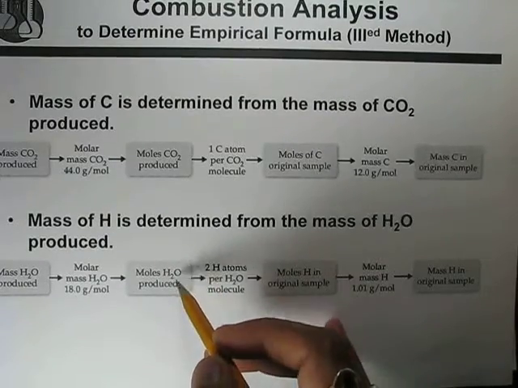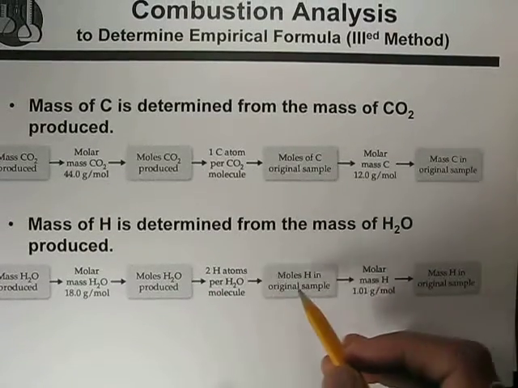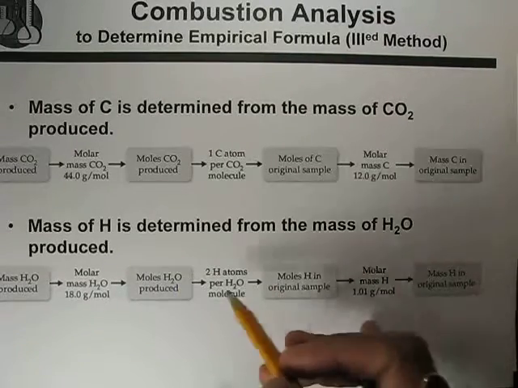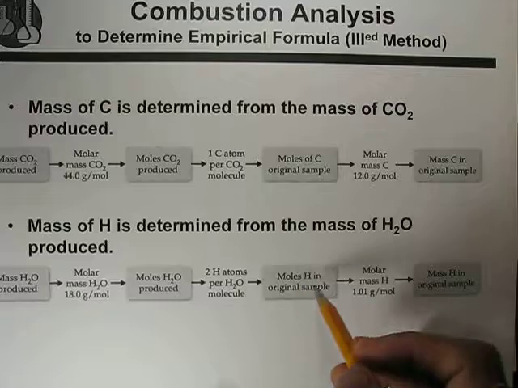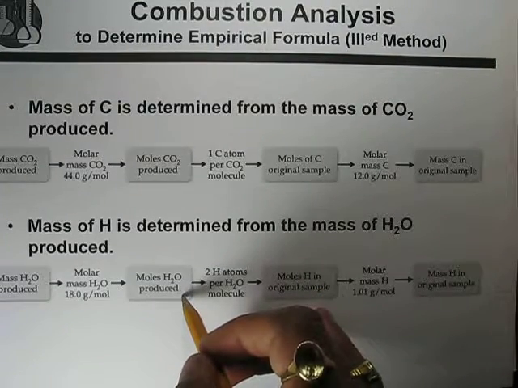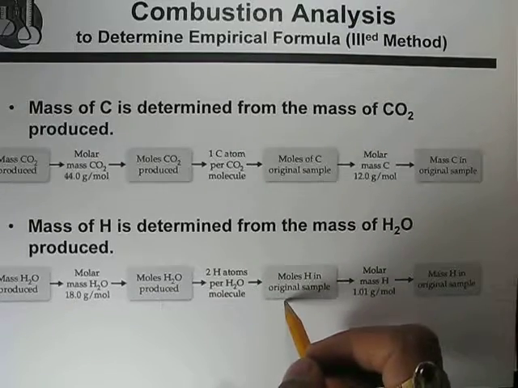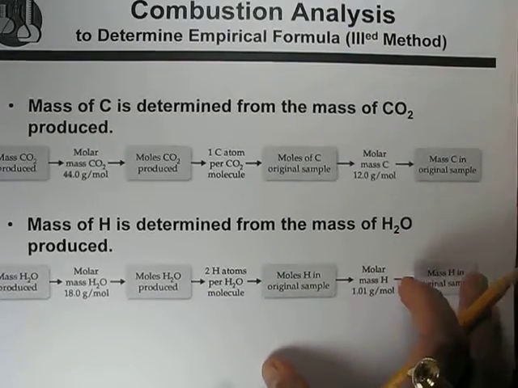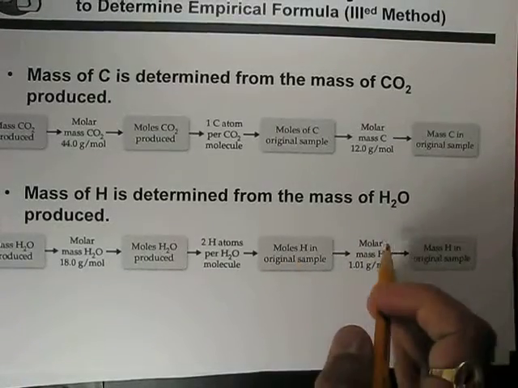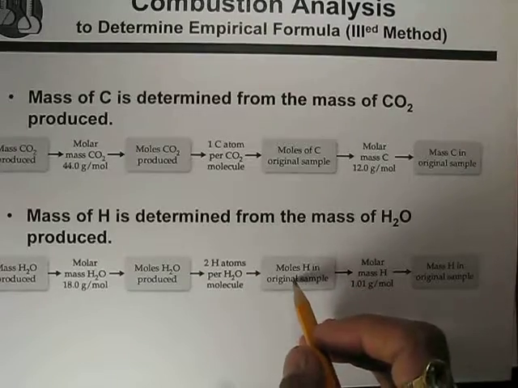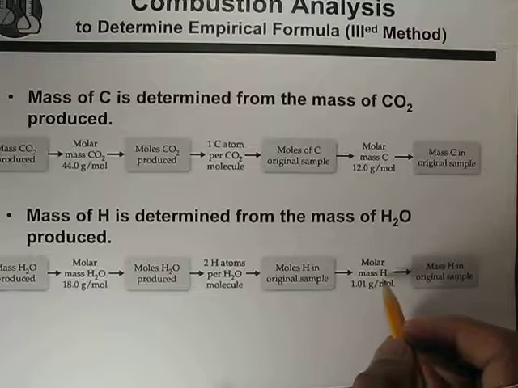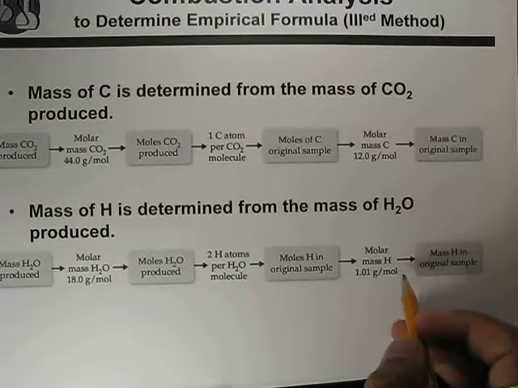Once we know the moles of water produced, 1 mole of water will produce 2 moles of hydrogen atoms. So whatever number of moles of water we have will produce twice that of hydrogen. Then once we know the total moles of hydrogen, we convert these moles into mass in grams using the molar mass, which is 1.01 gram per mole.